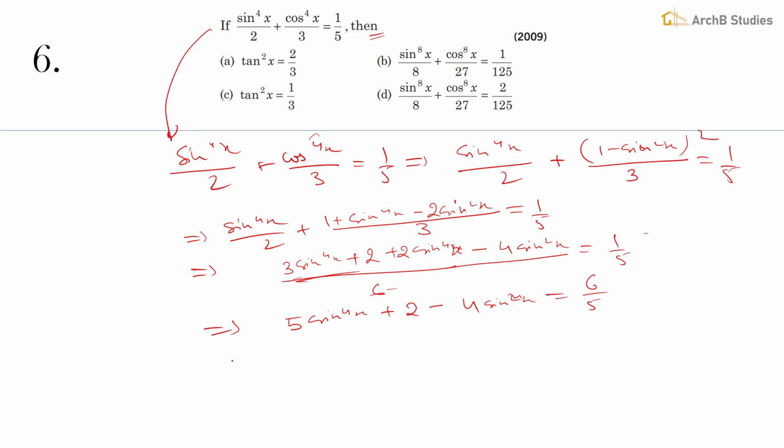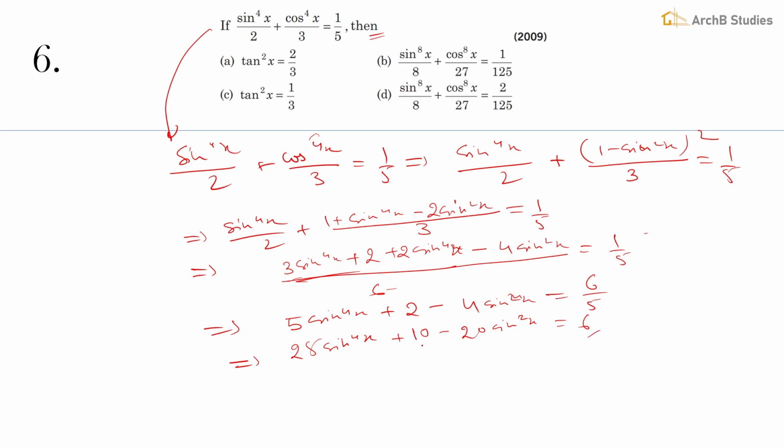Now by multiplying both sides by 5, you will get 25 sin^4 x plus 10 minus 20 sin^2 x, which will be equal to 6.